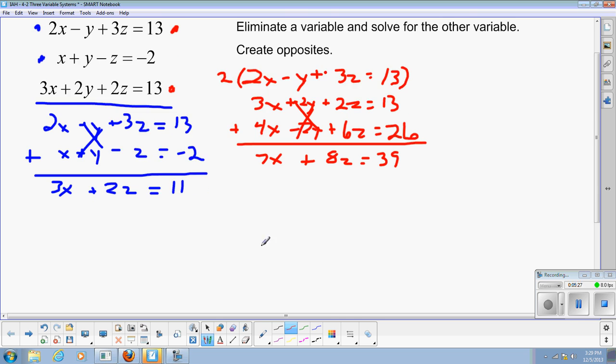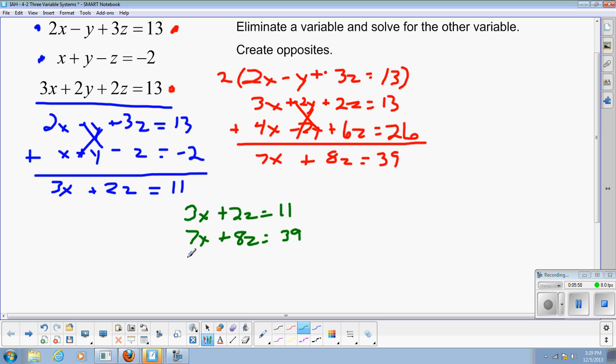I'm going to create a new two-variable system using these two equations that I just created. So I have 3x plus 2z equals 11, and 7x plus 8z equals 39. Now I'm going to use our two variable ideas of eliminating a variable so I can solve for the other.